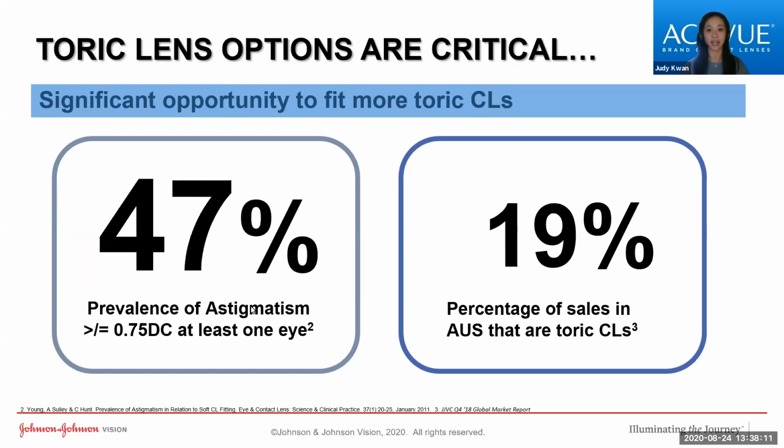However, if we look at the sales attributed to astigmatic contact lenses, we're only prescribing about 19%. So there's actually a big opportunity to prescribe more astigmatism contact lenses to allow patients to potentially see even better and get a happier visual experience from that.